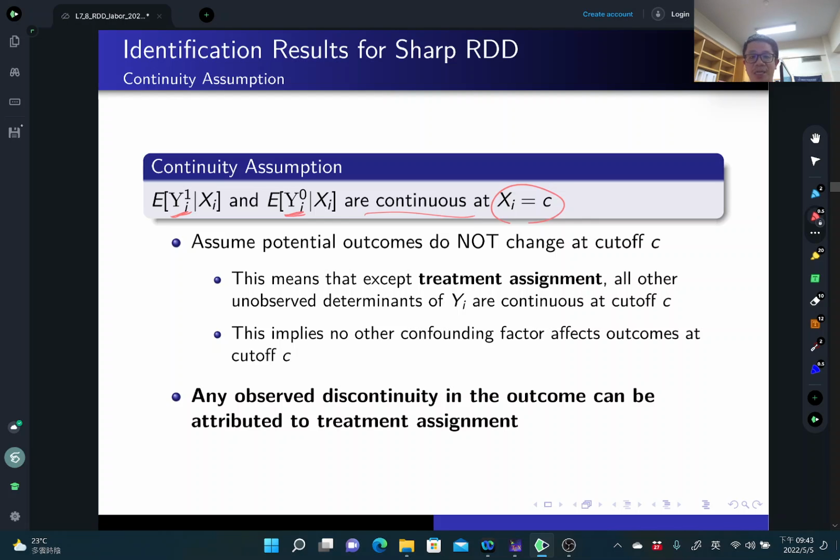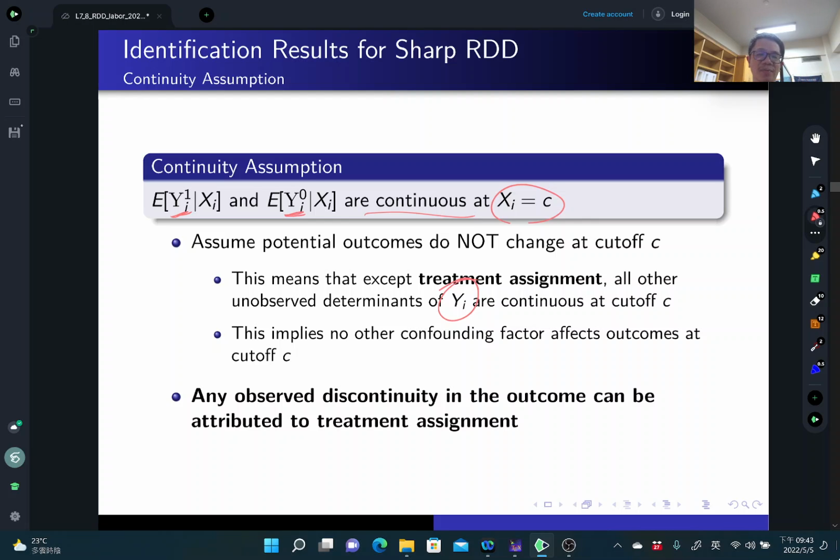This implies that, except for the treatment assignment, all other confounding factors, all other determinants of your observed outcome Y, are continuous and have no discontinuity at the cutoff. So it implies no other confounding factor also affects the outcome at the cutoff.